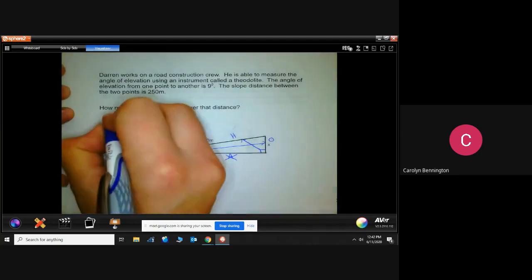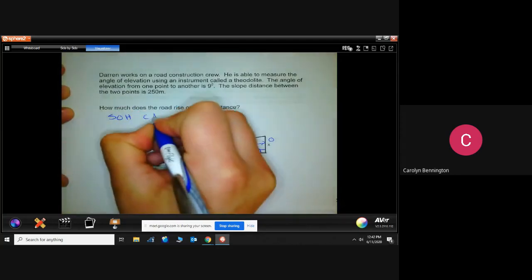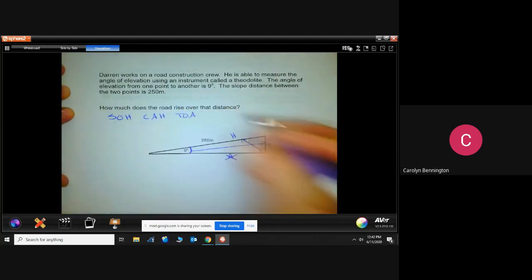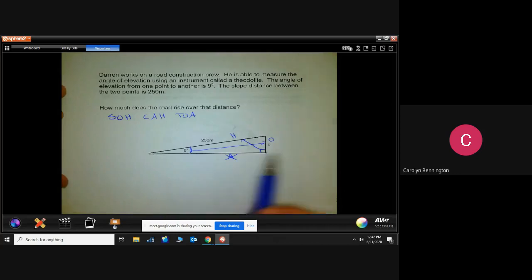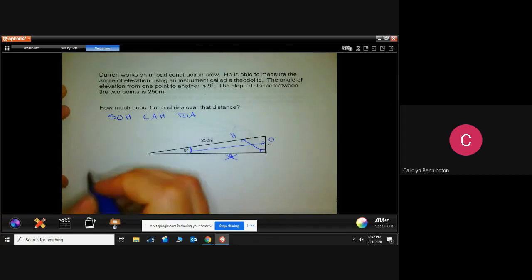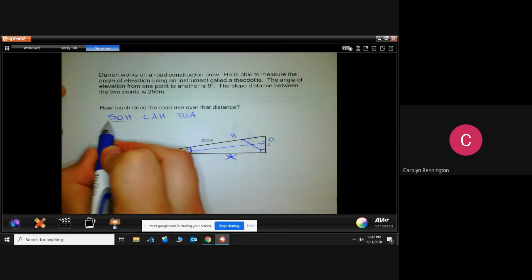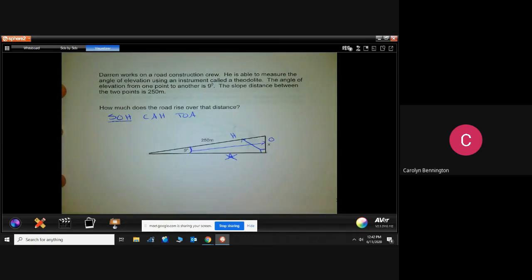So again, we're going to look at SOHCAHTOA and figure out which one of the three trig ratios we're going to use, either sine, cosine, or tangent. So in this example, we've got the opposite side and the hypotenuse. So O and H, we look at the three different pieces of SOHCAHTOA, and the O and the H is the first part with the SO.